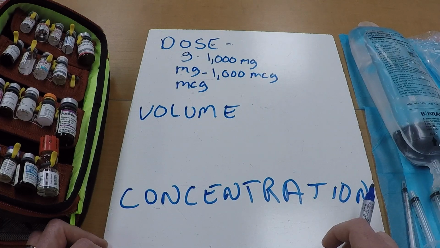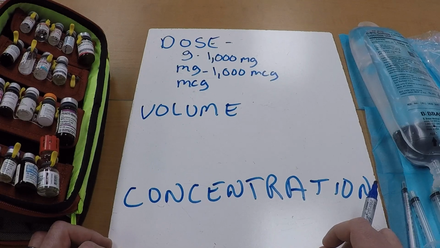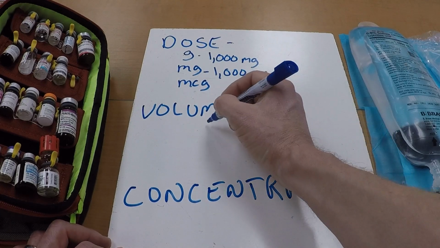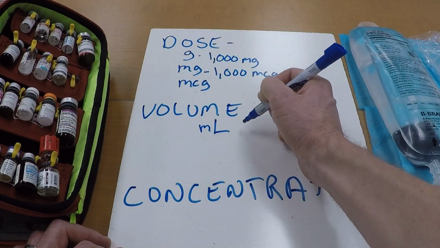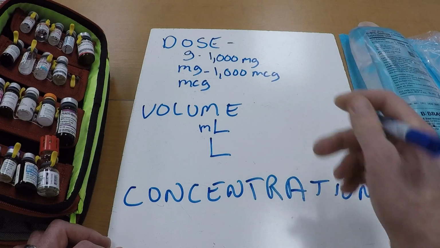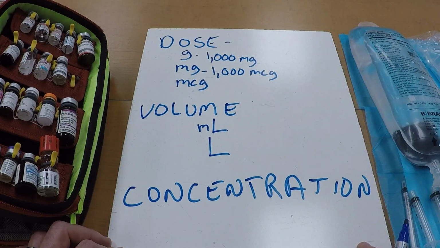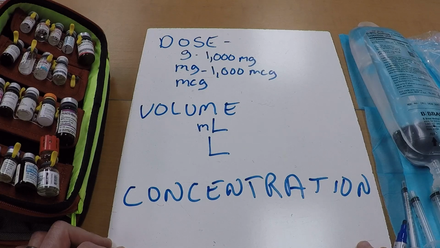The volume is the amount of liquid that dose of medication is packaged in. And the volume is going to be mostly in milliliters and occasionally liters. If we're talking about liters, that's usually going to be an amount of fluid that we're going to infuse over a specific time, maybe for shock or a patient's bleeding or burned.